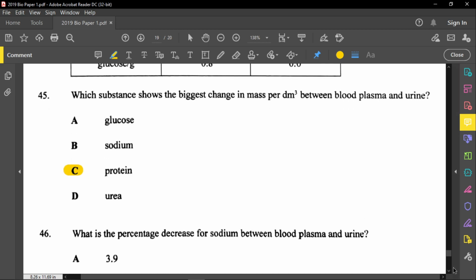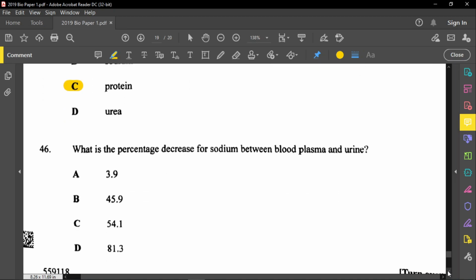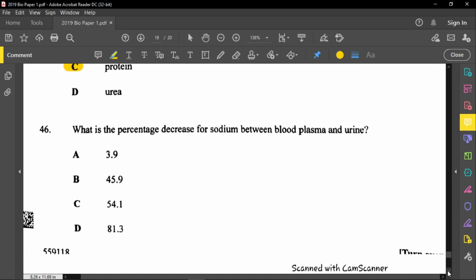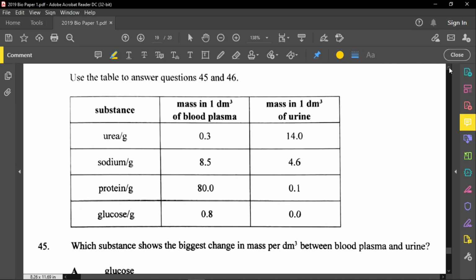Now, question number 46 reads, what is the percentage decrease for sodium between blood plasma and urine? So let's look at the percentage change for sodium. Let's go to the chart and do a calculation right here. The percentage change here will be based on the difference between these two.